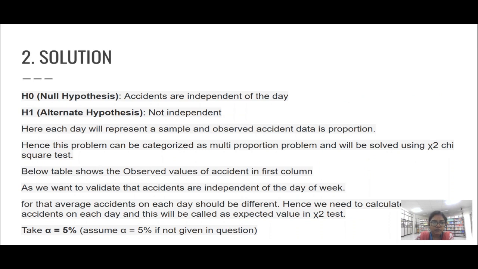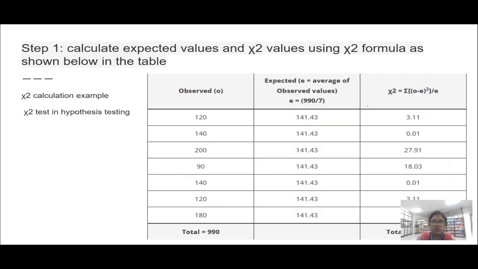Before that, we have to assume that the level of significance, alpha, is equal to 5%. It is not given in the question, so we have to give our assumption and proceed based on this. Step one is to calculate the expected values and chi-square values using the formula as below in the table.